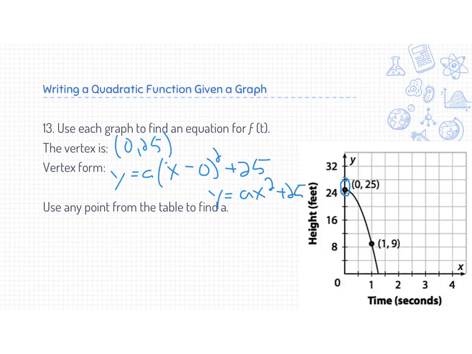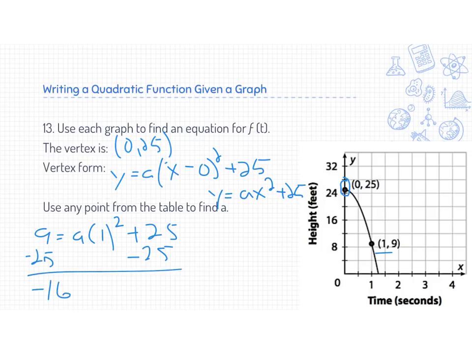Pick a point, and we go with 1, 9 here. So we get 9 equals a times 1 squared plus 25. So subtracting that 25, we get negative 16 equals a, because 1 squared is 1, 1 times a is just a.